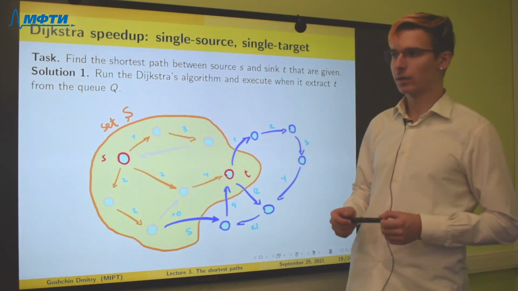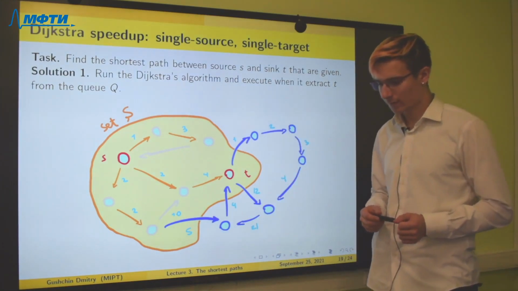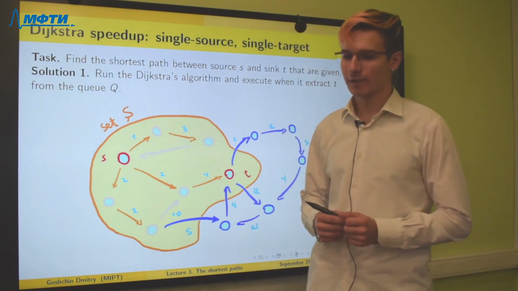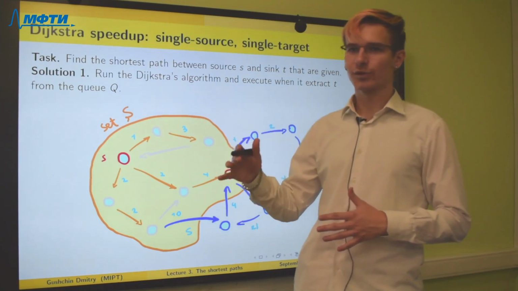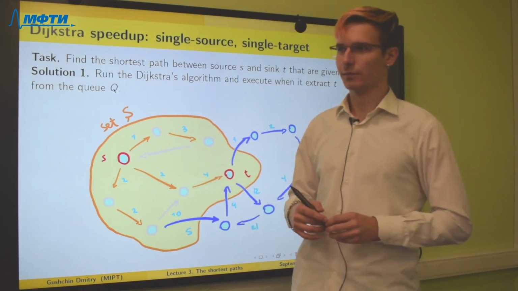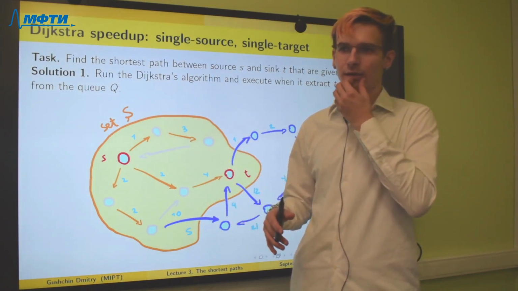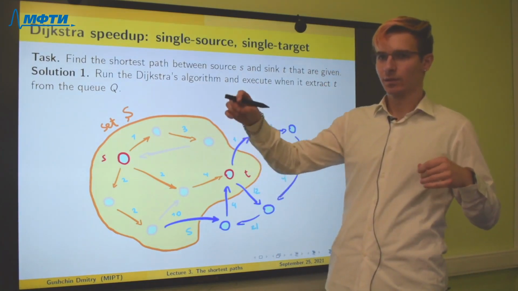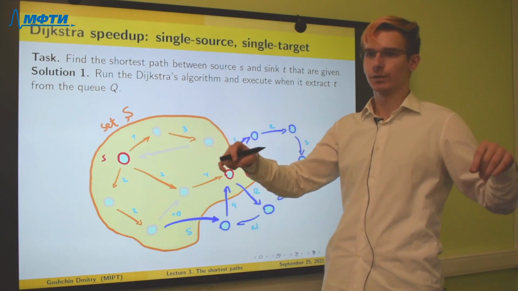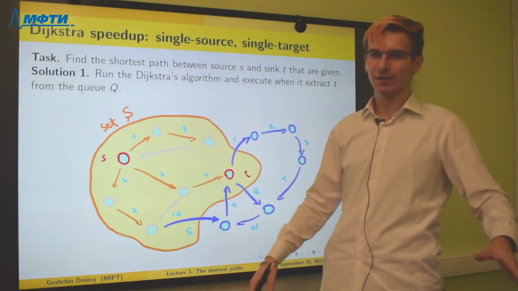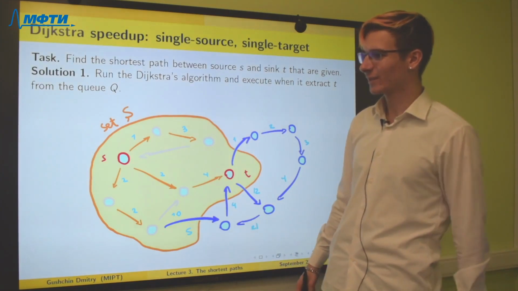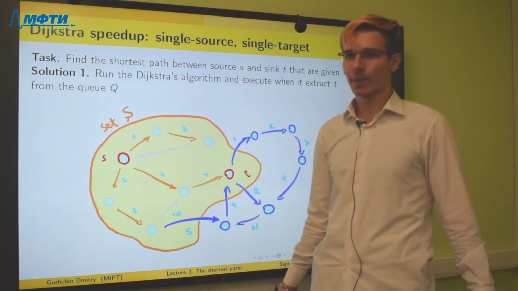For example, if you search for tickets from Moscow to Berlin, you want to find the shortest path between these 2 points, not between Moscow and all the cities.